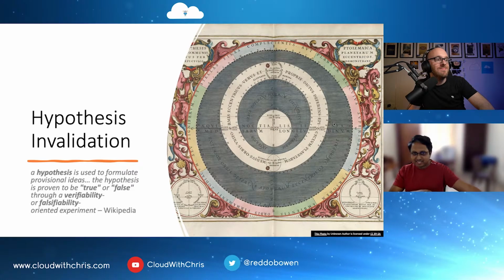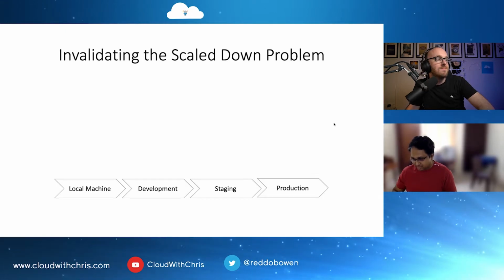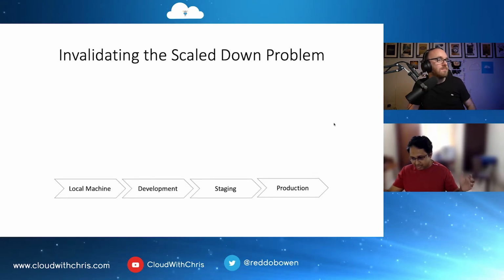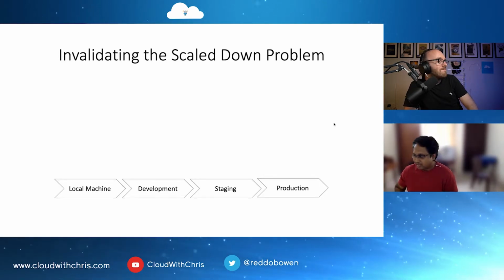Taking that simplistic aspect and applying it to software engineering and performance testing in particular, what I realized is that if you have a big problem, you can scale down the trend and disprove it. Let me just share an example.